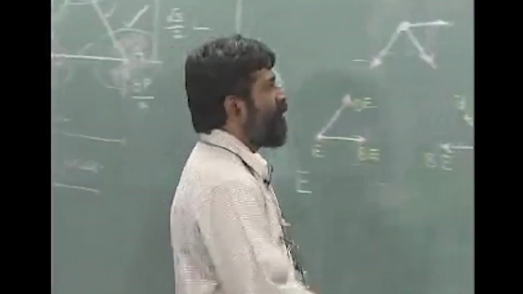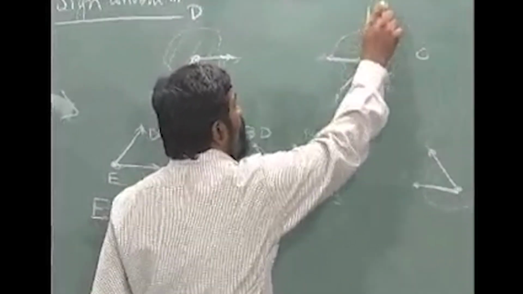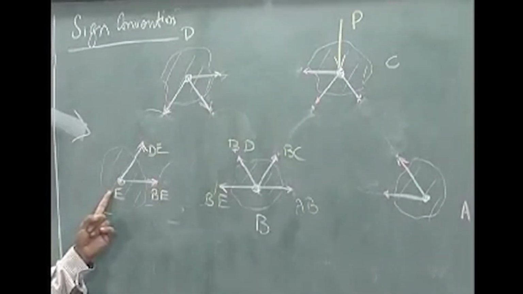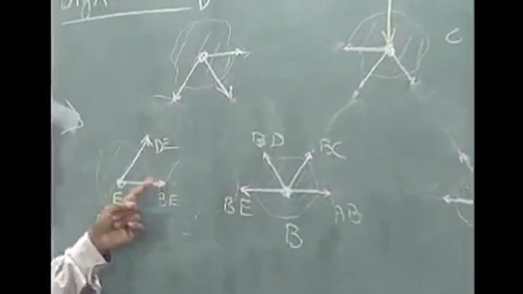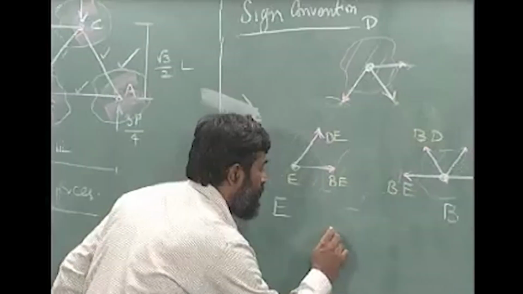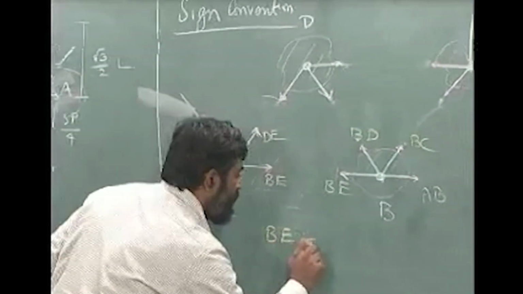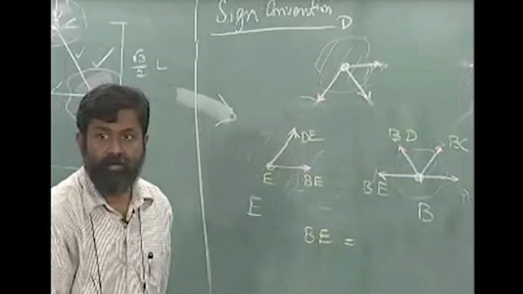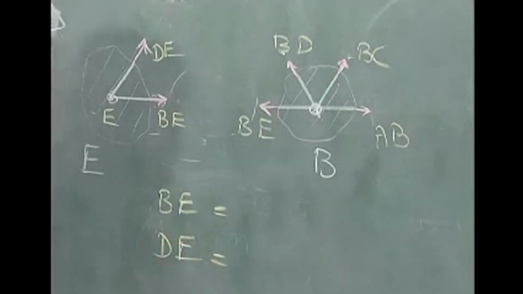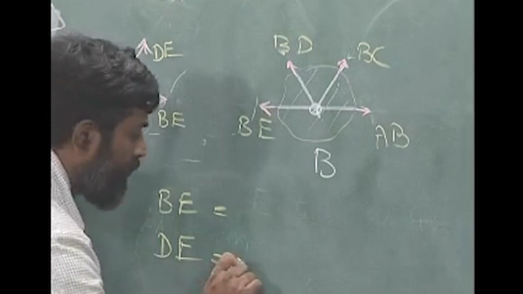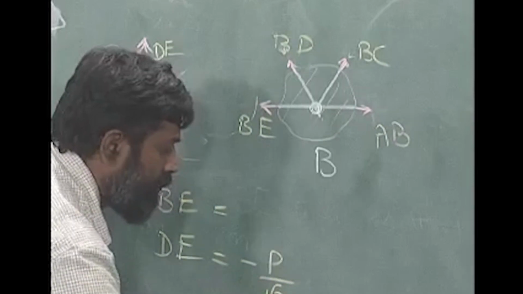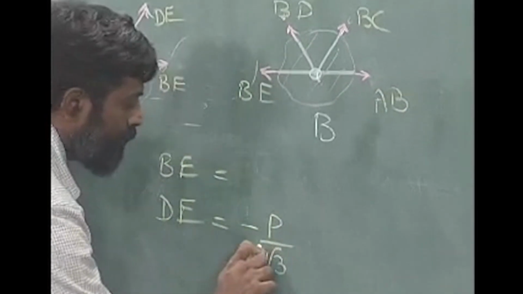So in this particular problem, let us examine. I have a force P acting on this. We started with this particular joint E and found out what is BE and DE. BE happens to be, can you tell me what it is? Minus. DE is, we get minus P by 2 root 3.